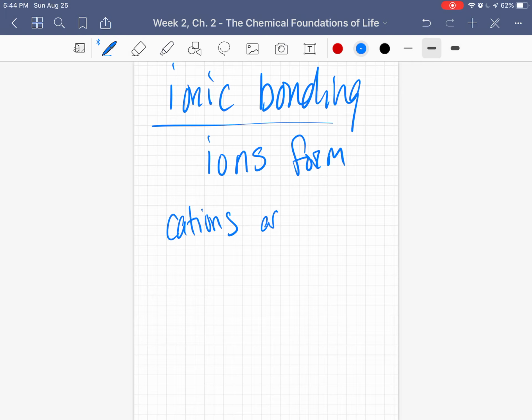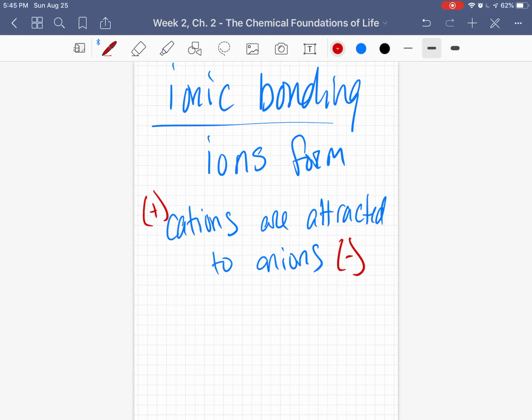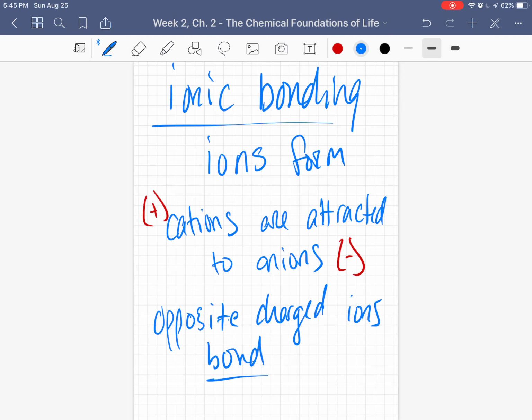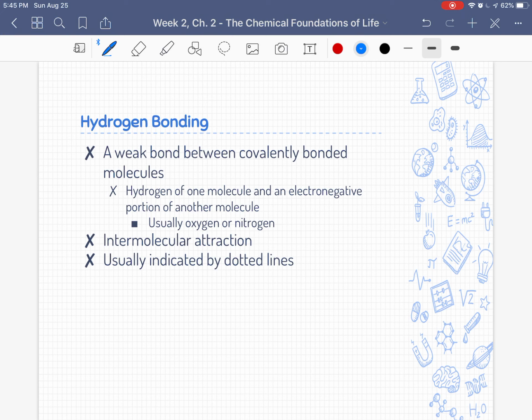Cations are attracted to anions. So cations, if you remember, we like cats, are positive, and anions, I hate onions, are negative, and they are attracted to each other. And so opposite charged ions bond.